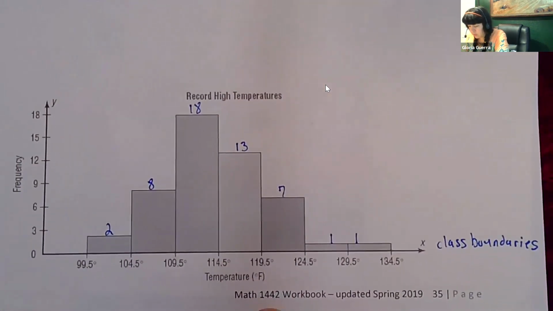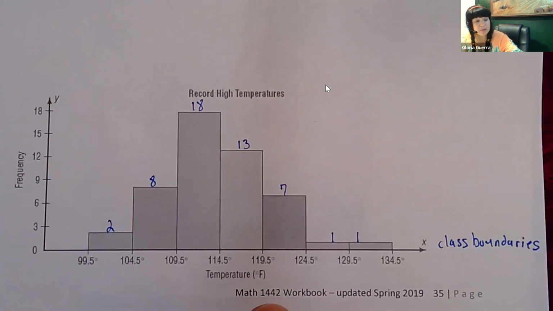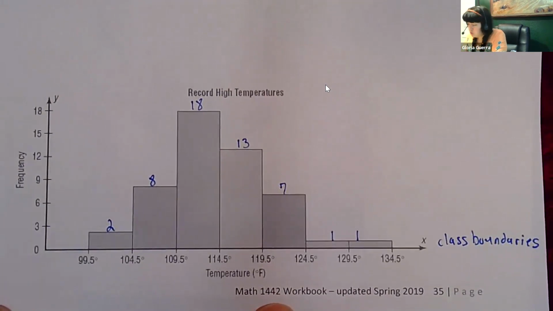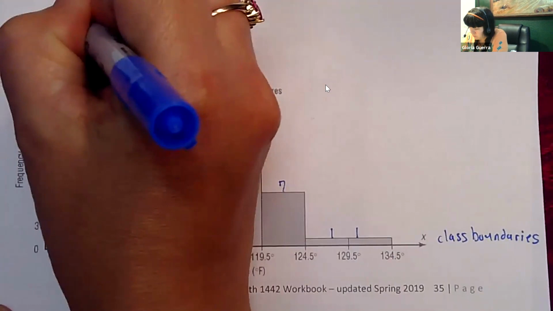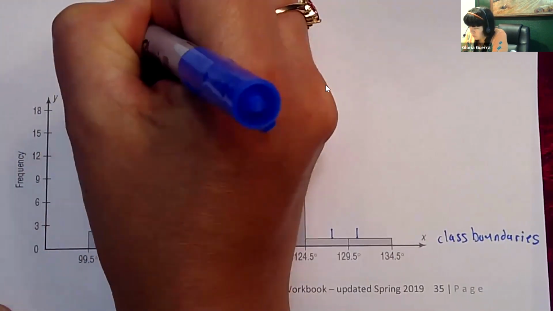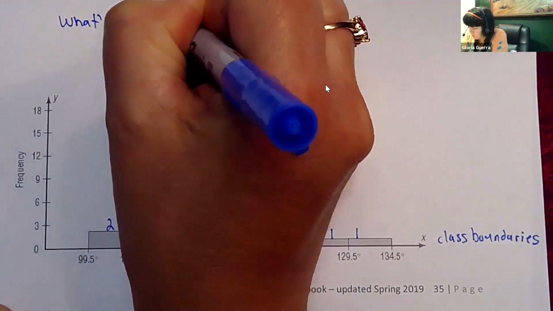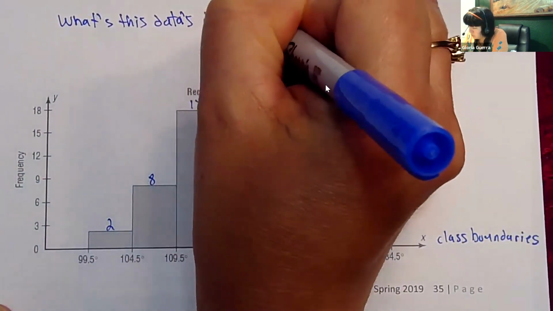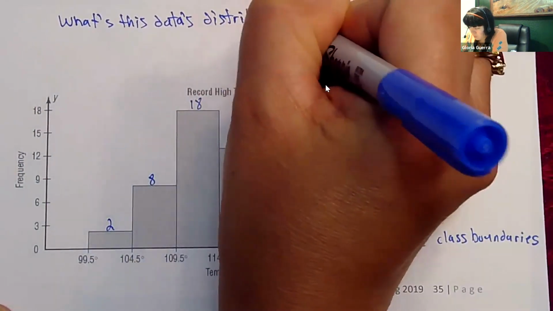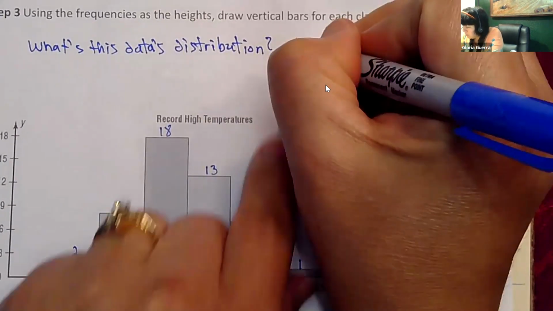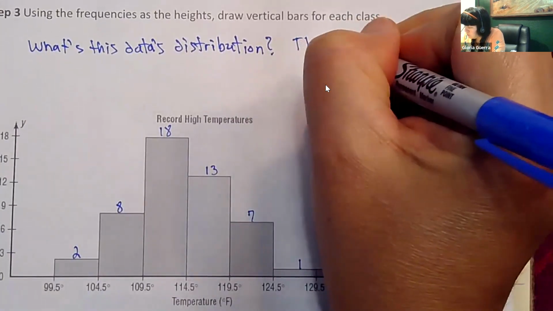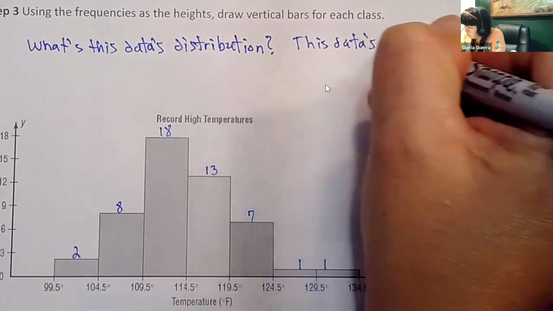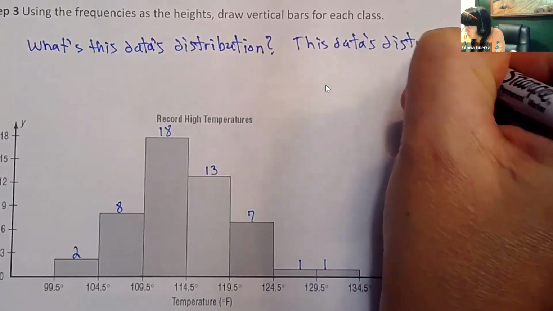Okay. And so one of the questions there on your quiz, they were asking what would you say about the data's distribution? So I can ask that question here. What's this data's distribution?